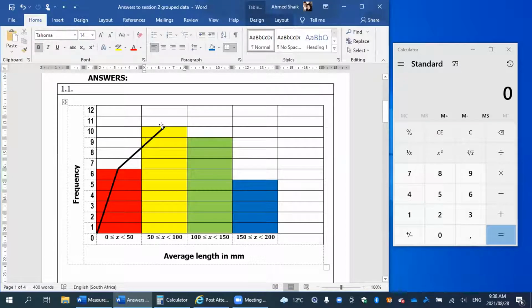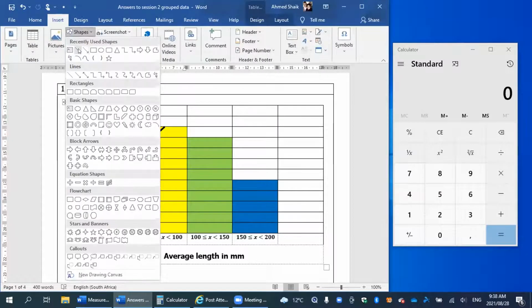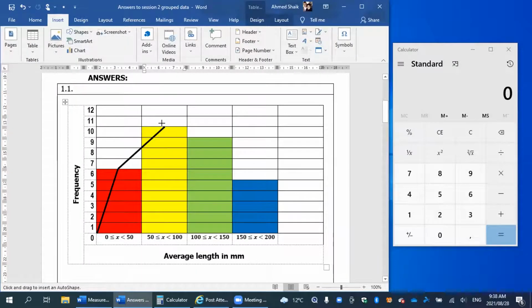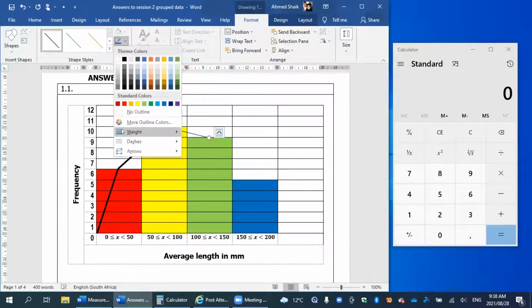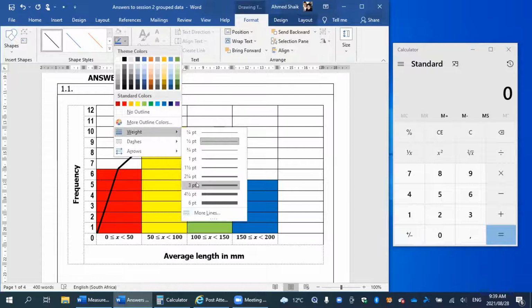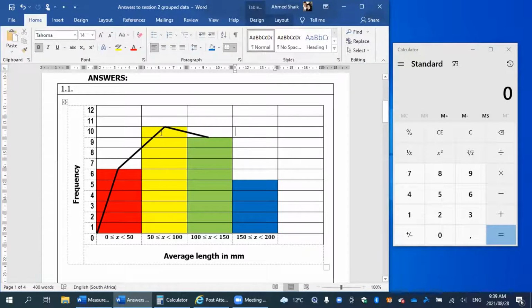Okay, so we're going to join the top of our third bar to the top of our second bar. That should be somewhere in the center. Let's make the line a little thicker. And that should be your third line.